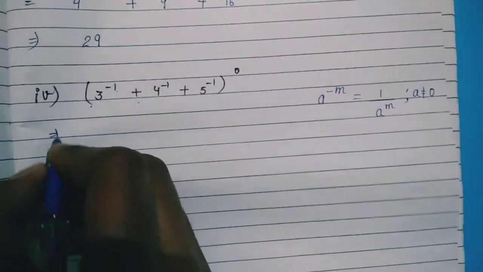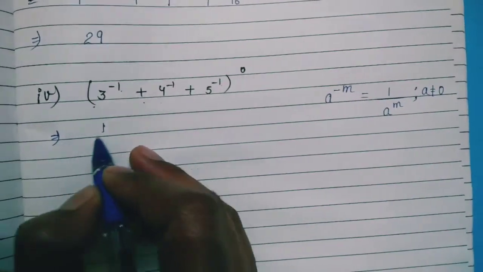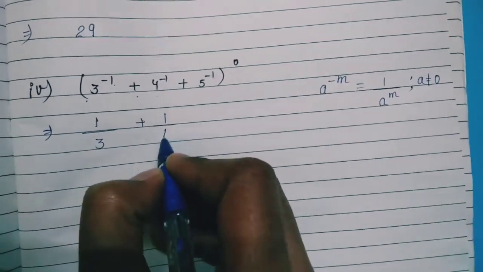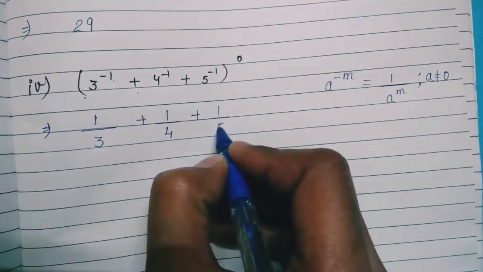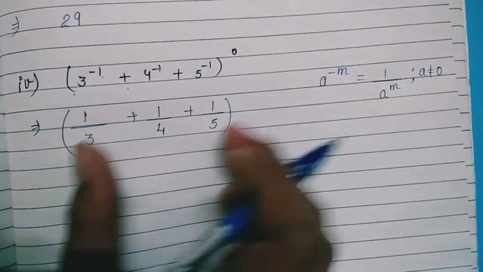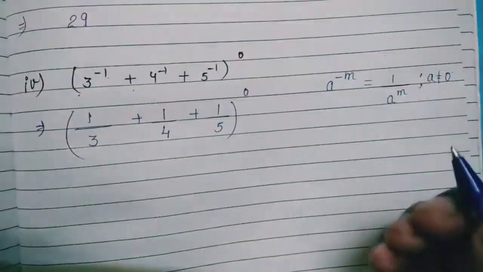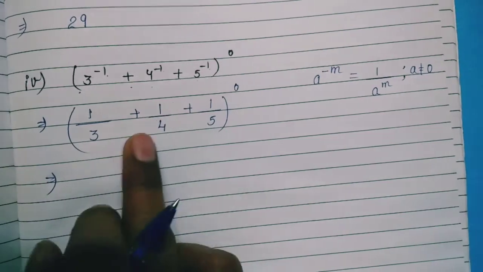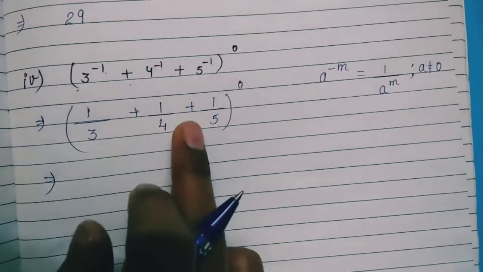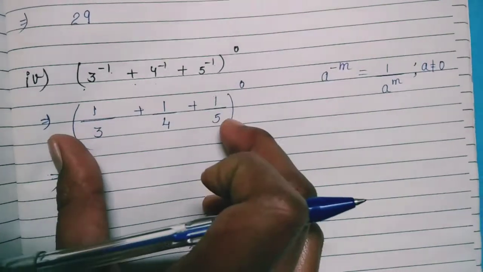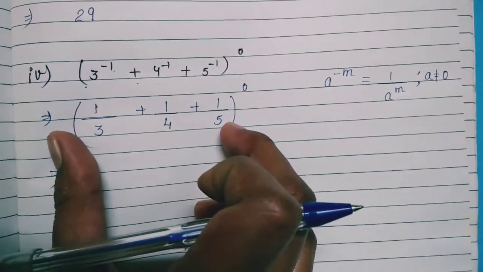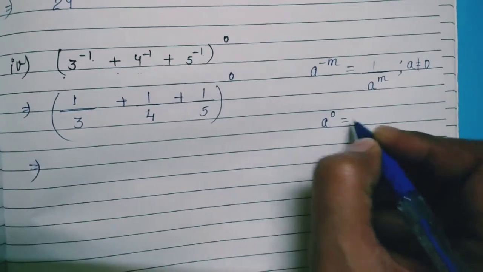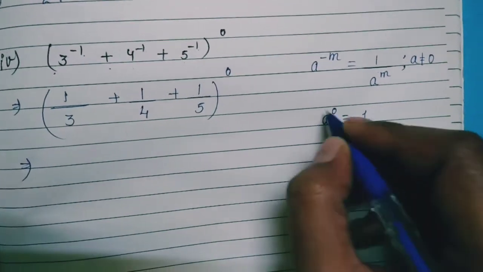So simply we are applying this identity inside the bracket. So 3 will come in the denominator, this 4 will also come in the denominator, this 5 will also come in the denominator, having the altogether power as 0. You can simply see all are non-zero because all are positive. You can solve for practicing by using the LCM method if you want, or you can simply write when a raised to the power 0, the answer is 1.